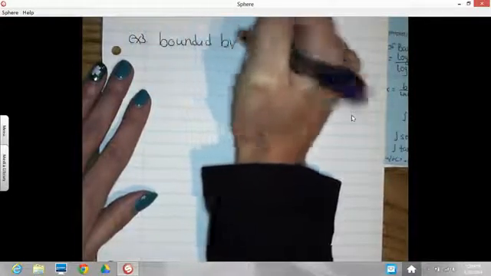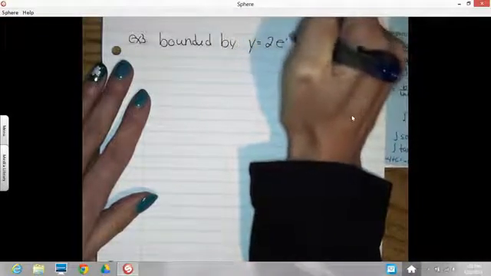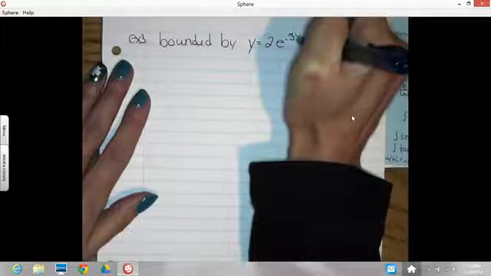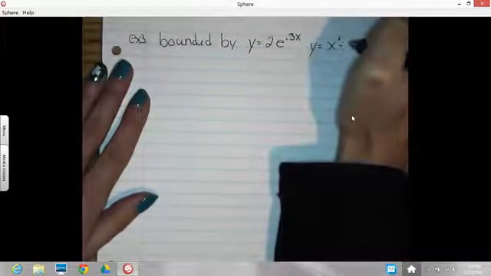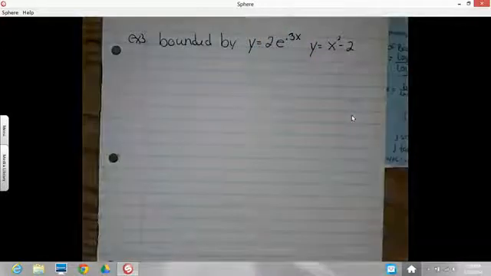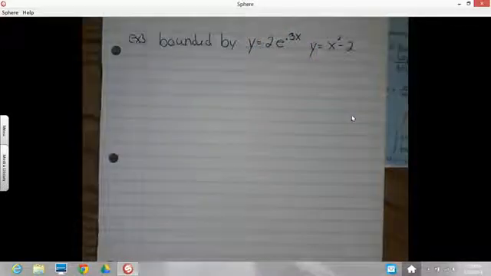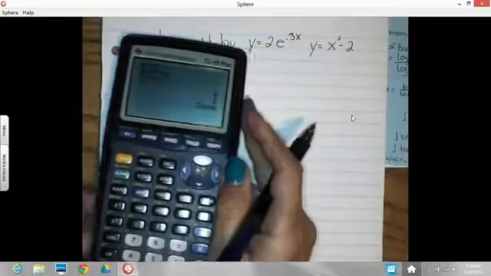Okay, find the region bounded by y equals 2e to the 0.3x and y equals x squared minus 2. Okay, graphing both of those. You can grab our handy dandy grapher here because both of those are in y equals form.